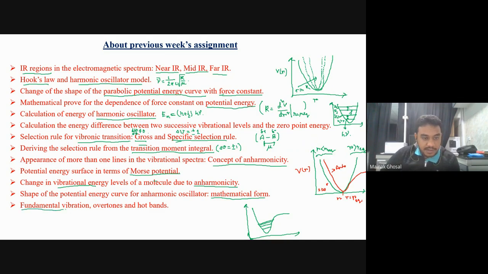So what is a fundamental transition? It is the transition from v equals 0 to v equals 1. The other transitions are overtones and hot bands. Overtones are transitions from v equals 0 to v equals 2, 3, 4, any higher level. They start from v equals 0 and can go to any higher level. A hot band is a transition from v equals 1 or any higher energy level to another higher energy level, such as v equals 2, 3, 4.